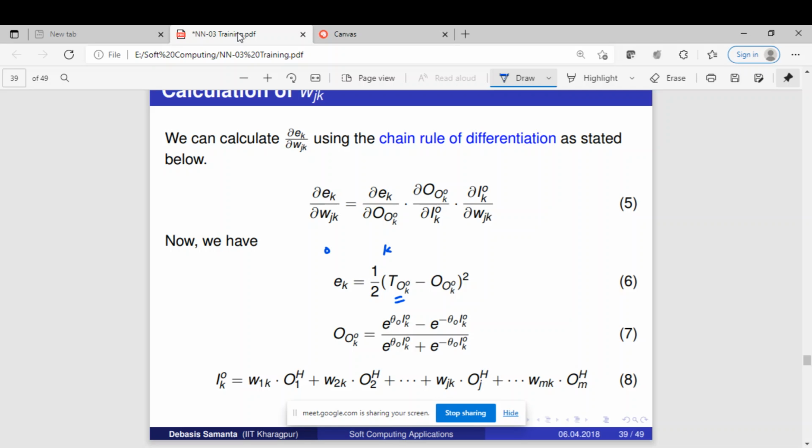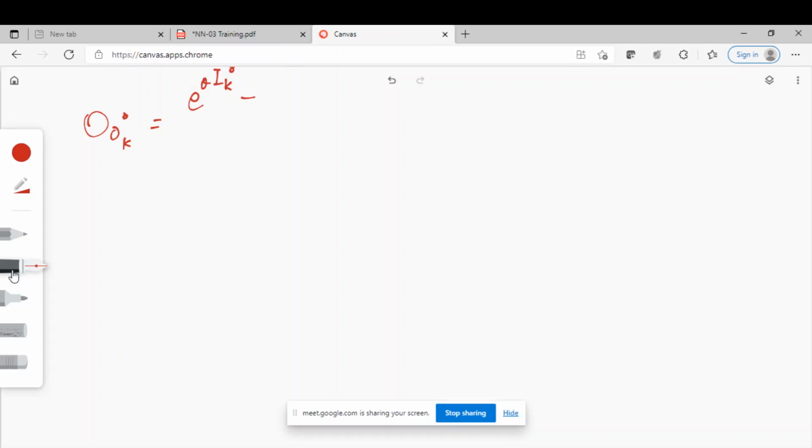The observed output of the kth neuron of the output layer is nothing but e to the power theta I_ko minus e to the power minus theta I_ko, divided by e to the power theta I_ko plus e to the power minus theta I_ko.